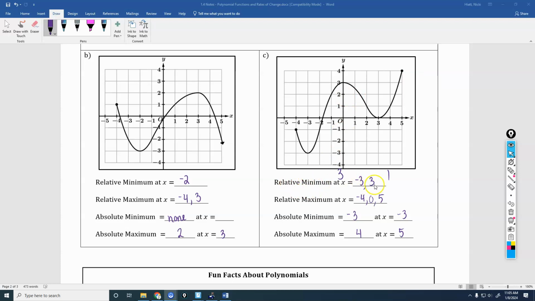So relative minimums at -3 and 3, maximums at -4, 0, and 5. And then your absolute minimum would be -3, and it happens at -3. Absolute maximum 4, and it happens at x equals 5. Okay, questions?